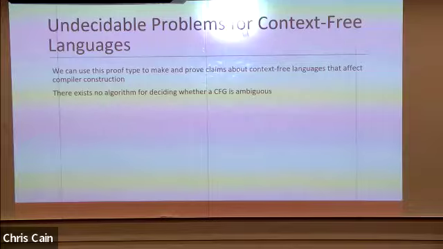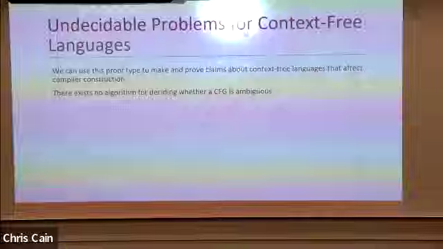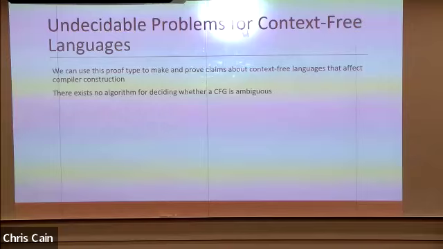But how would you show that a context-free grammar is not ambiguous? You have to iterate over every string and show that there is no choice at any point about how to derive that string.